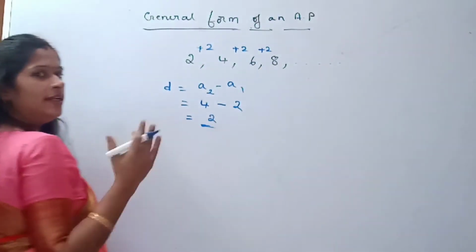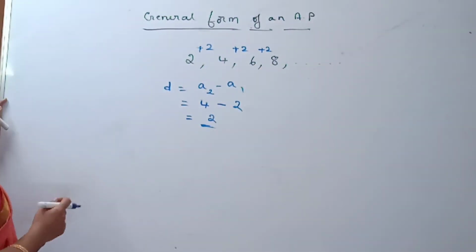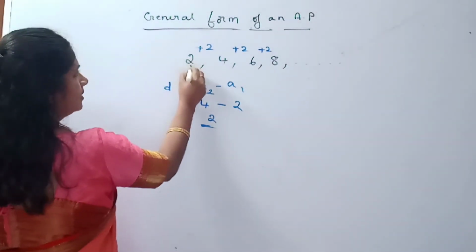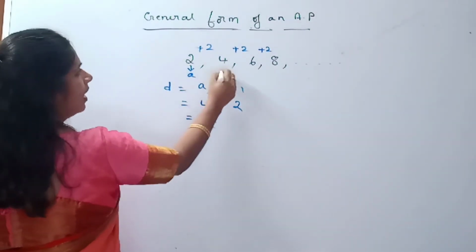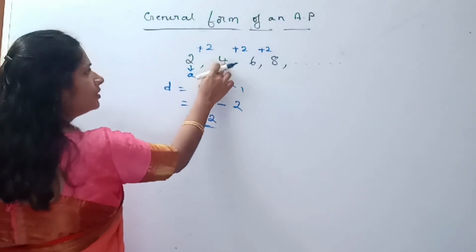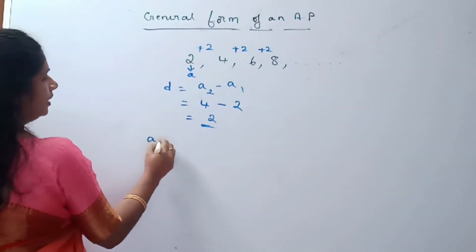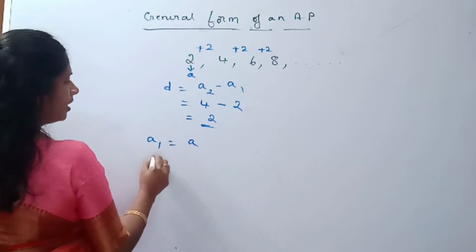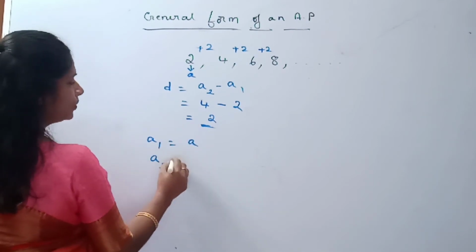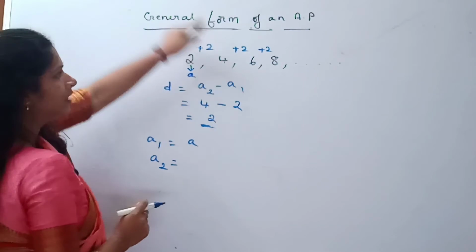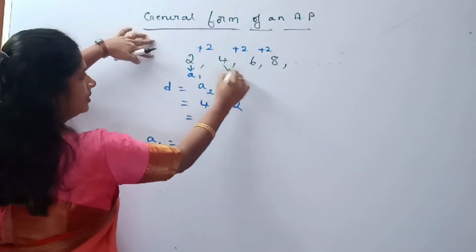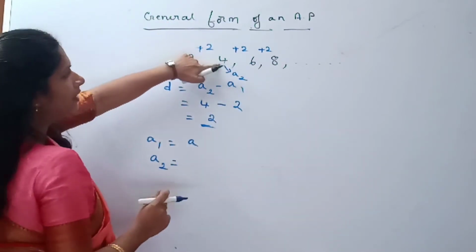Now, how to find its general form? If I take the first term as A, so A1 equals A, how will I get the next term, A2?